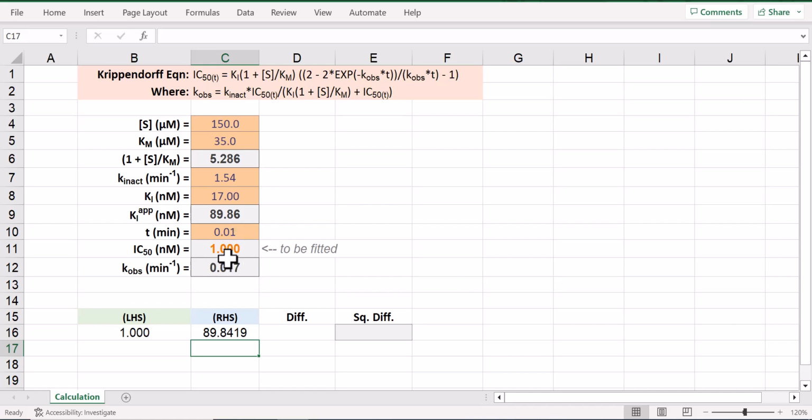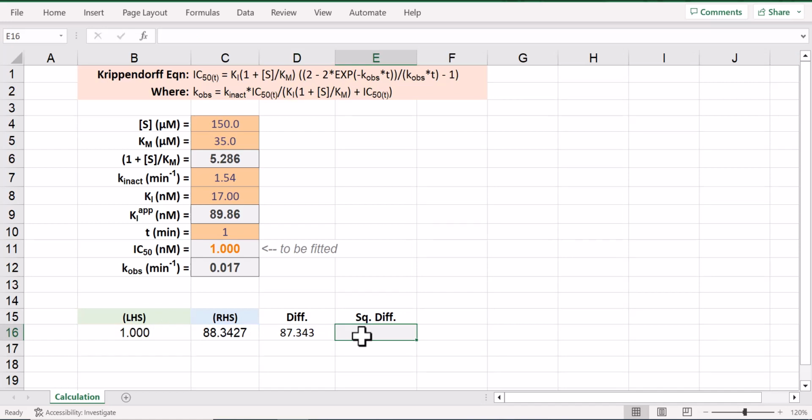Now you can see that my initial estimate of IC50 is not correct because the left-hand side and the right-hand side of the equation are not equal. So let's calculate the difference between the right-hand side and left-hand side as right-hand side C16 minus left-hand side B16.